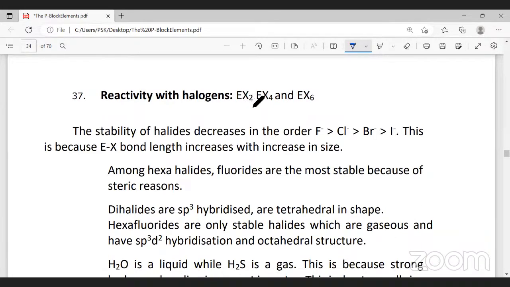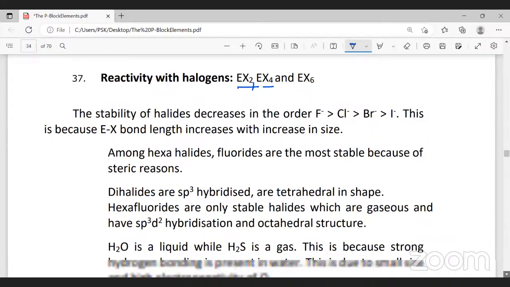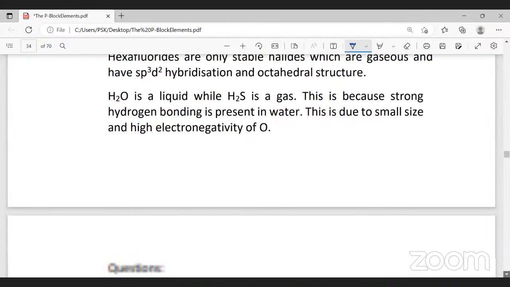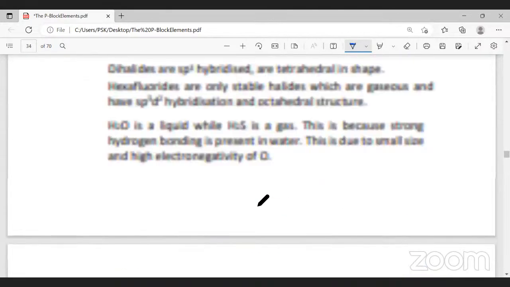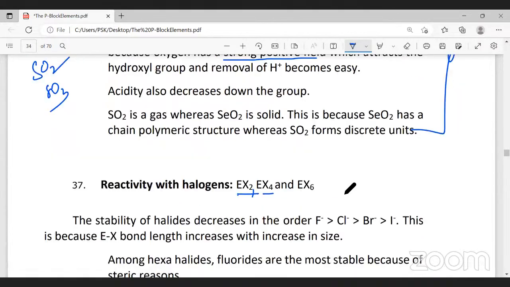Likewise, halogens can react with 16th group elements to form EX2, EX4, and EX6. For example, we can take SCl2, or SCl4, SCl6.